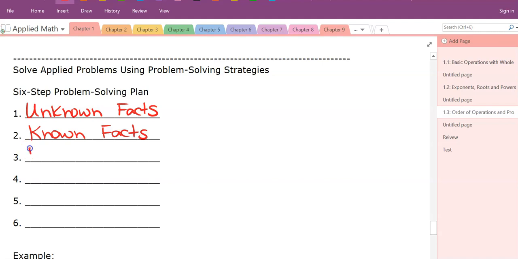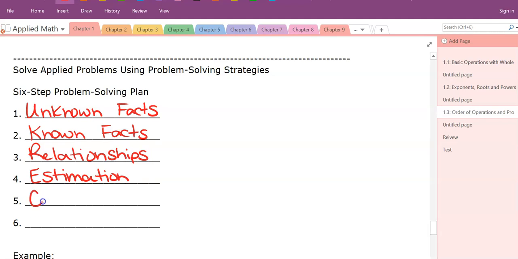Step 3 is to figure out any relationships that you might see occurring between quantities or numbers. This could even be talking about helping you set up whether you're going to need to pull a formula from somewhere. Step 4 is to do an estimate. So make an educated guess on what you think the answer should be.